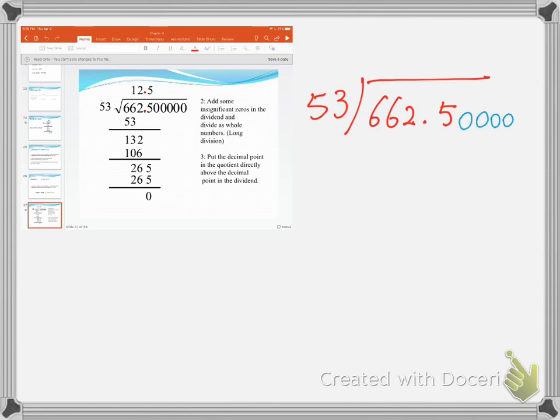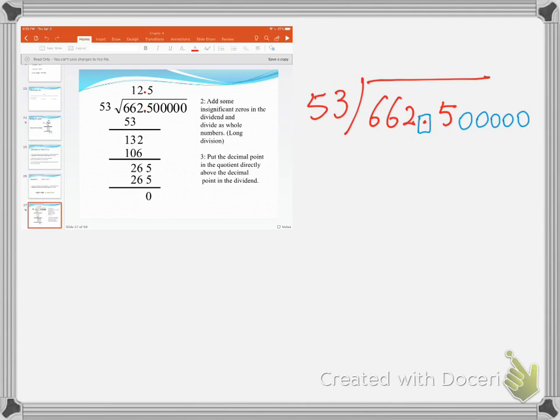How many zeros? Normally I add 5 zeros, just to be safe. So now I'm going to divide without decimal points, pretending that there's no decimal point. It's a long division for two integers now.